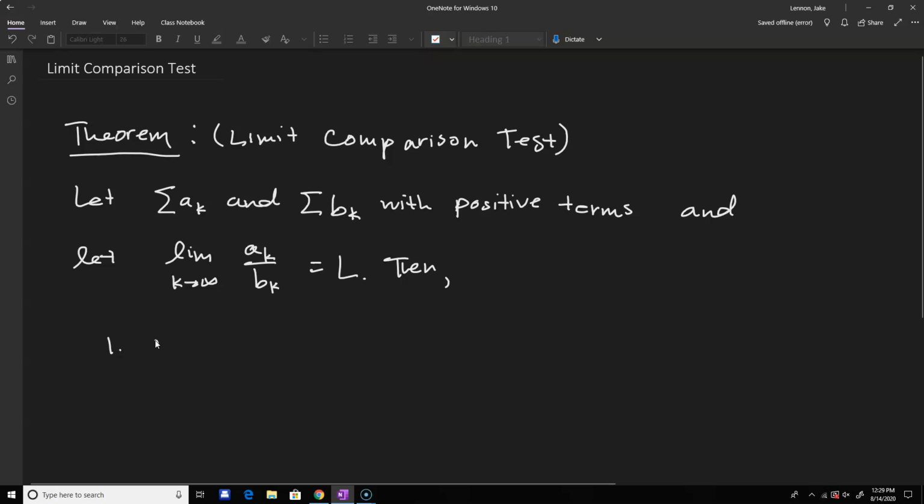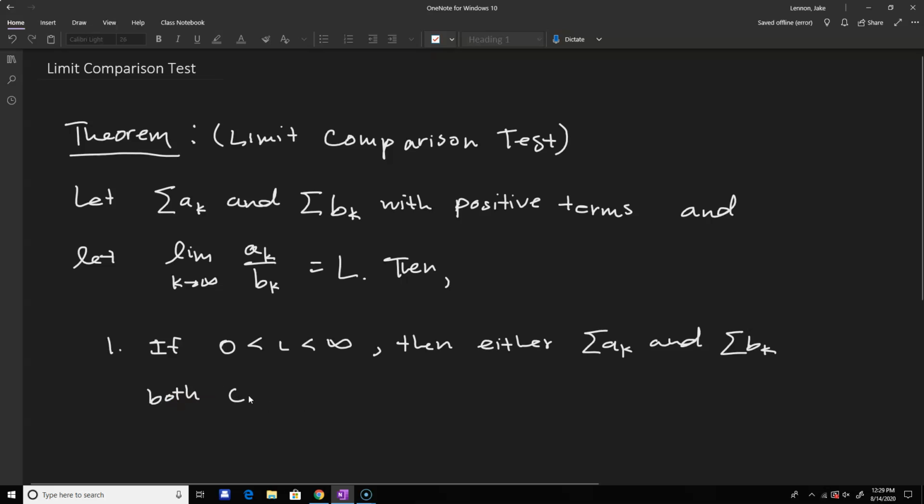So basically the main case, we'll say then, 1, if your limit is some finite number between 0 and infinity, then however one series behaves, the other one will also behave that way. So then either the series with the a sub k's and the one with the b sub k's both converge, or they both diverge.